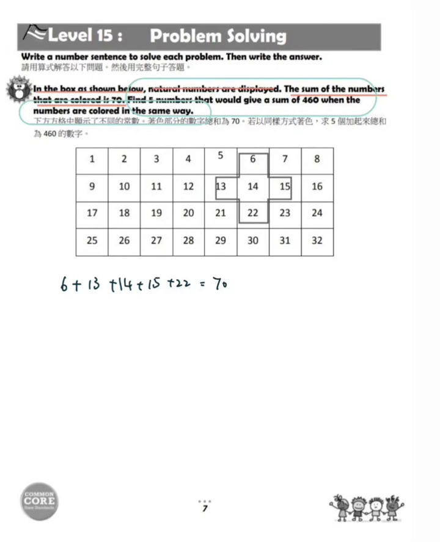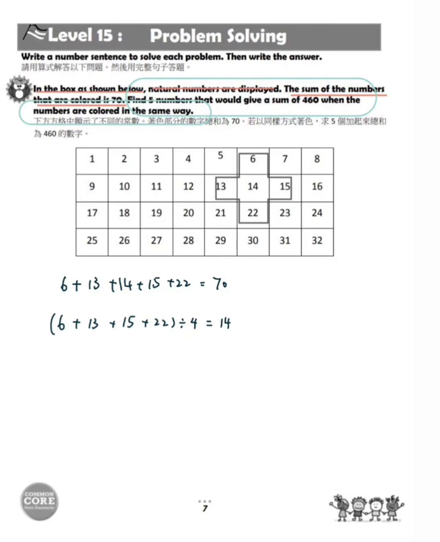And then, here is a fun thing to let you know. That is, when 6 plus 13 plus 15 plus 22 is divided by 4, it will be equal to 14.